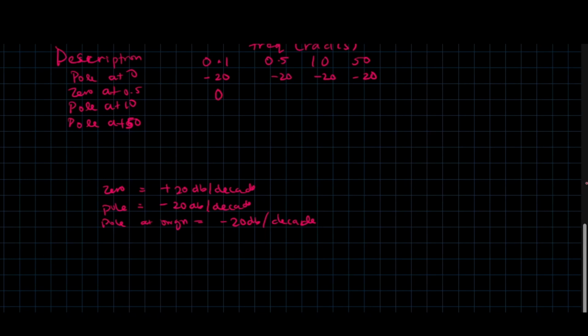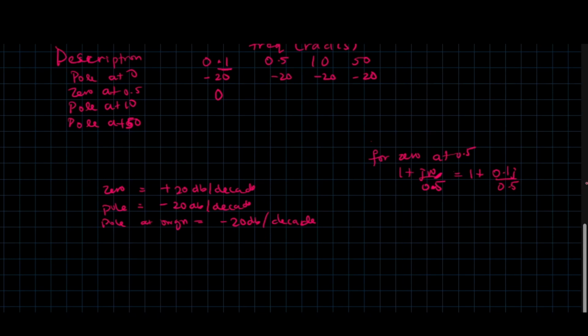Now let me explain why. For the zero at 0.5, we have the formula 1 plus jw over 0.5. Let's say that we substitute the value of w in this case as 0.1, to become 1 plus j0.1 over 0.5.